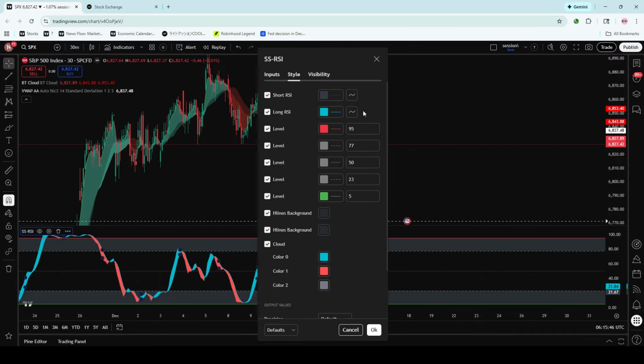How I use the RSI is when we are approaching this area here, into this gray zone here, you could potentially start looking for shorts, right? When you see us heading into this zone here, you could potentially start looking for some shorts if you have a short bias, right?